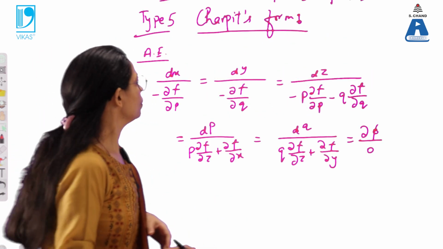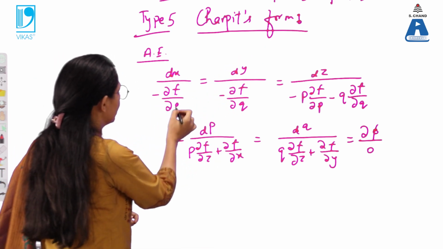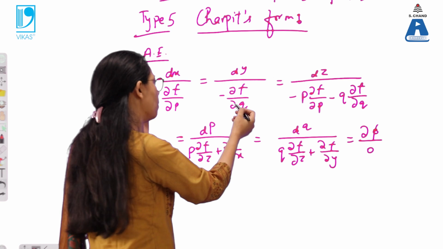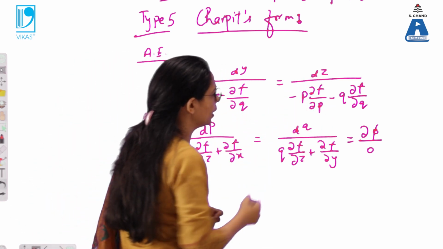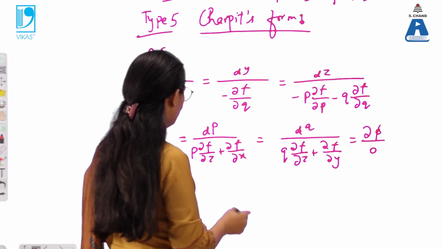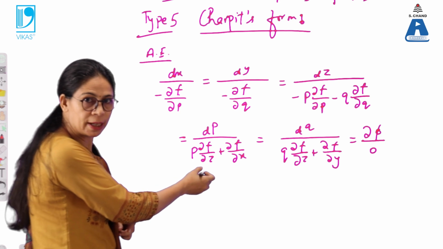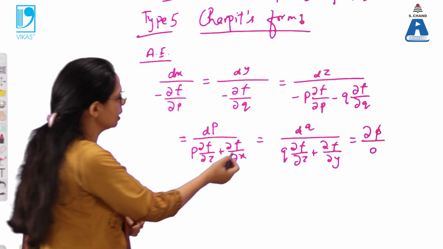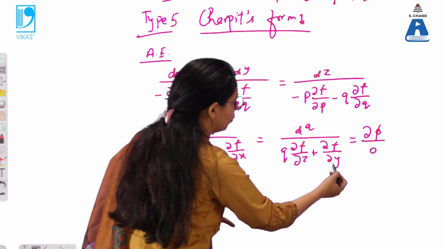The auxiliary equation for Charpit's form will be written like this: dx over minus del f over del p, dy over minus del f over del q, dz over minus p del f over del p minus q del f over del q, dp over p del f over del z plus del f over del x, is equal to dq over q del f over del z plus del f over del y.